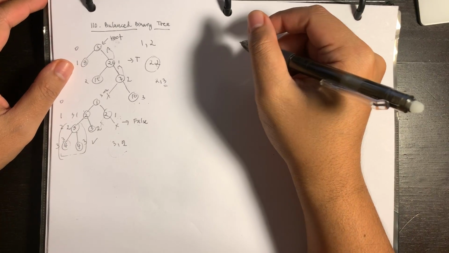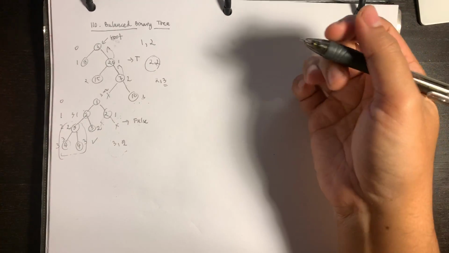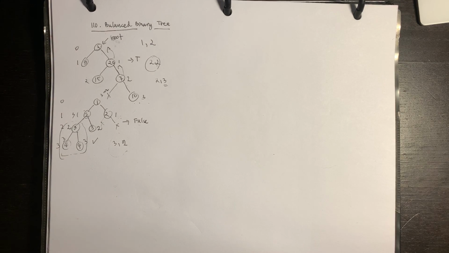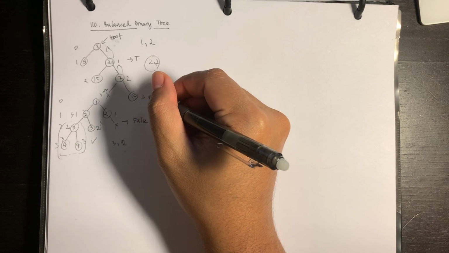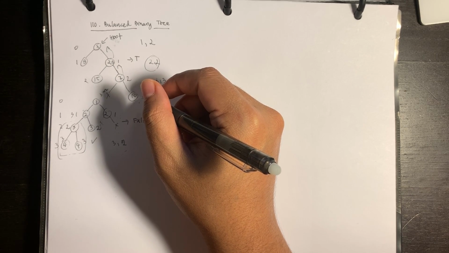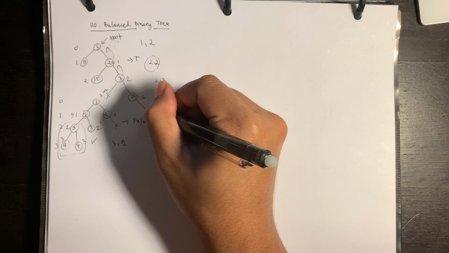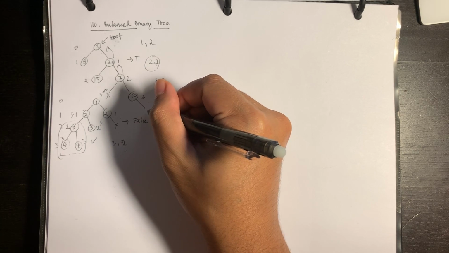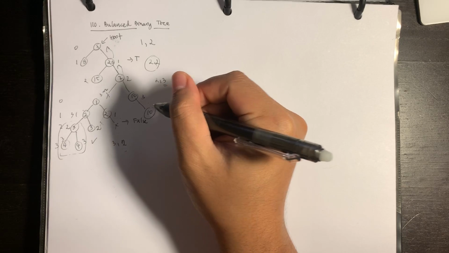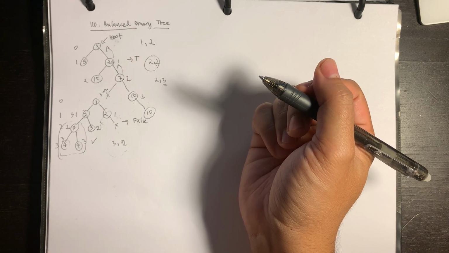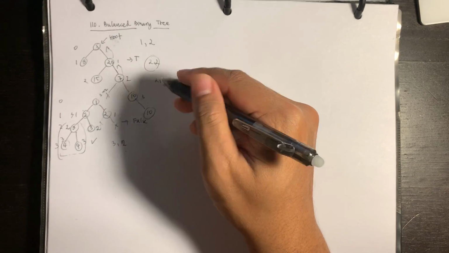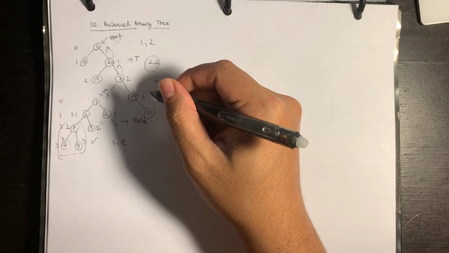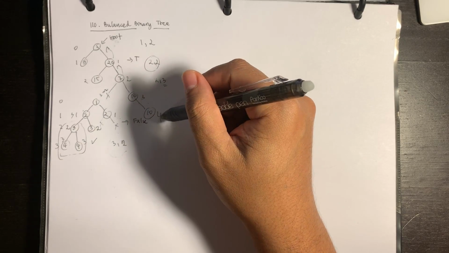So the idea is basically we need some sort of recursion, and when it returns, it needs to return... what if we have something like this. So for this case, this would be 4, right?